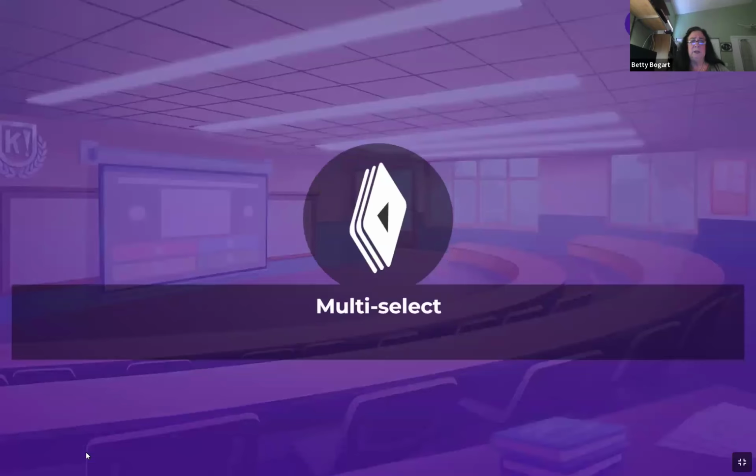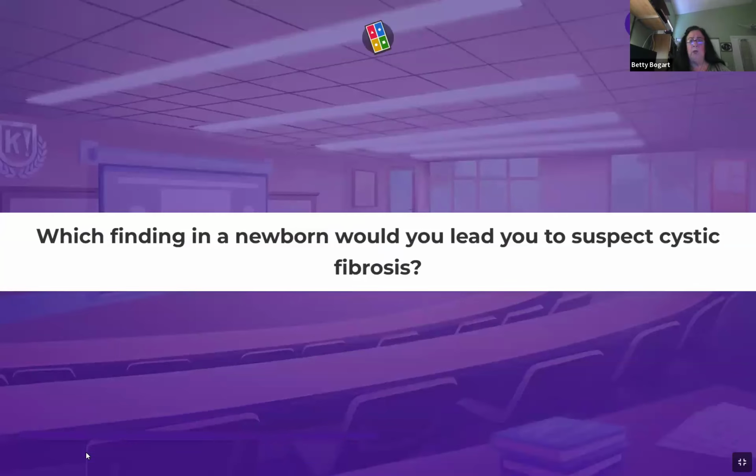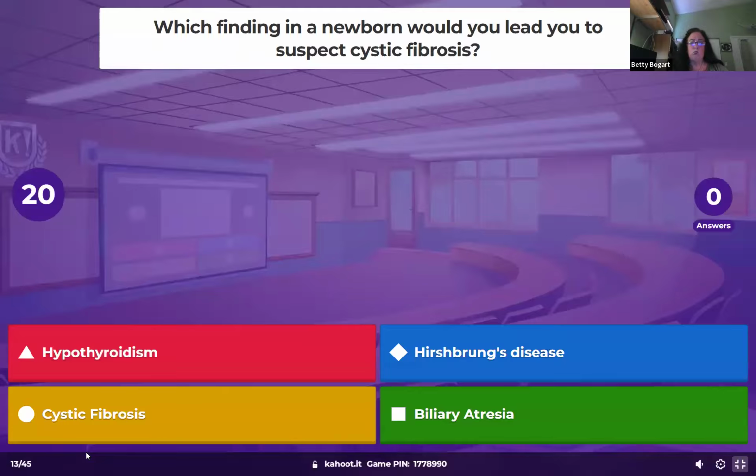Multi. Which finding in a newborn would lead you to suspect cystic fibrosis?